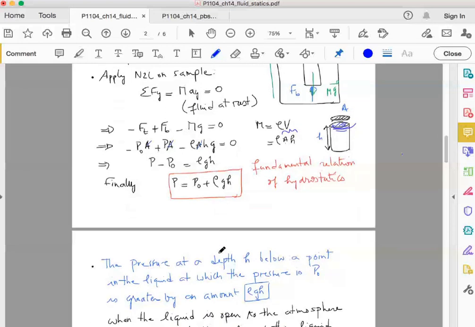And what does it mean in terms of words? It means that the pressure at a given depth H below a point in a given liquid at which the pressure is P0 is greater by an amount rho GH.